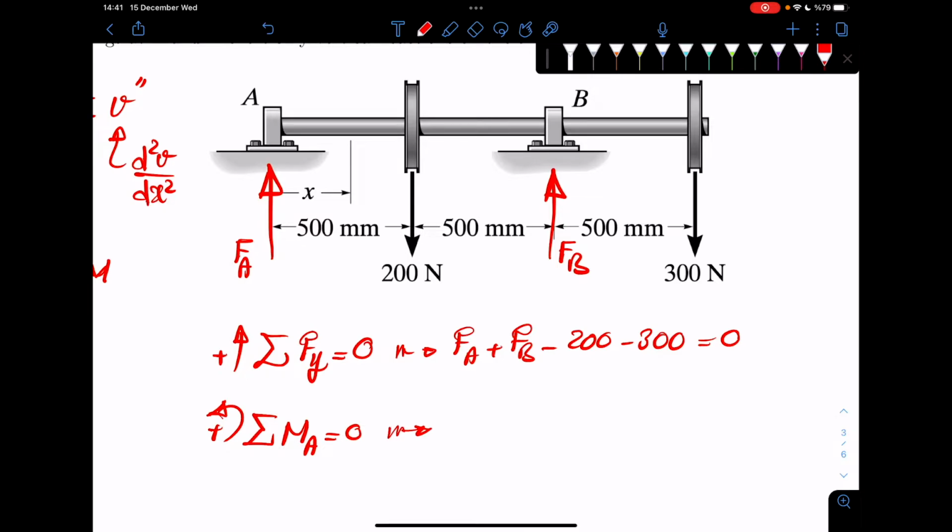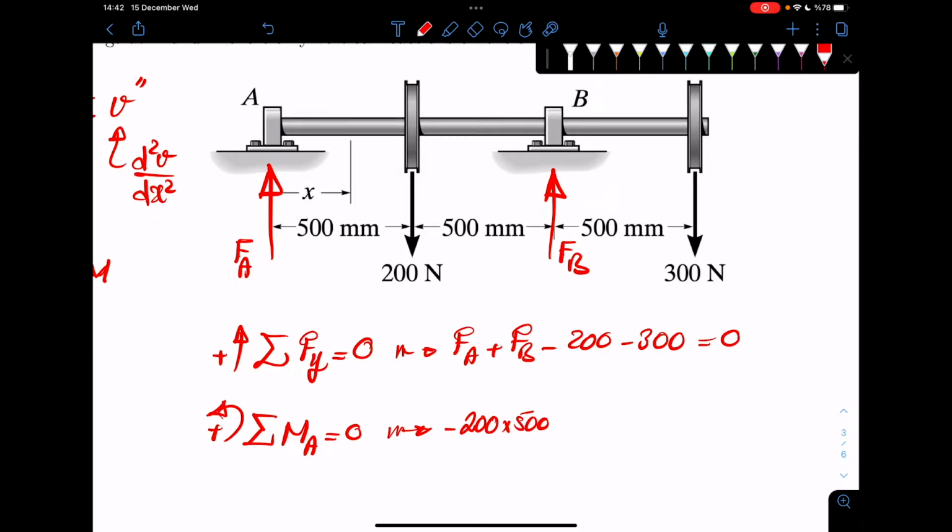So it would be minus 200 times 500. I am writing these as millimeters, but obviously you can ditch 3 zeros and think of them as meters. So that would be the first one.